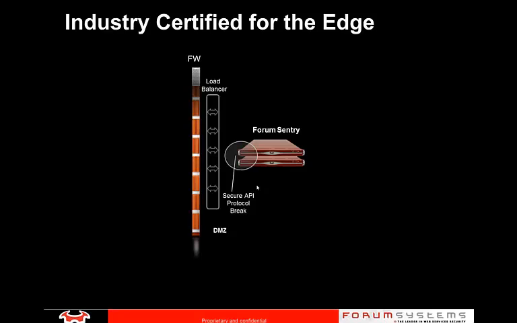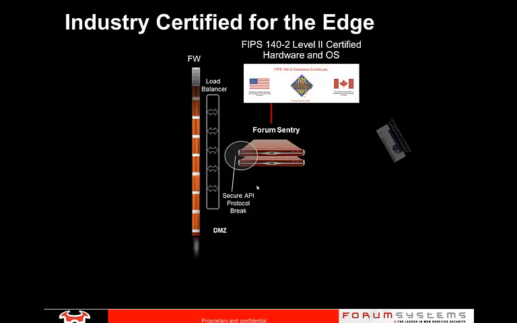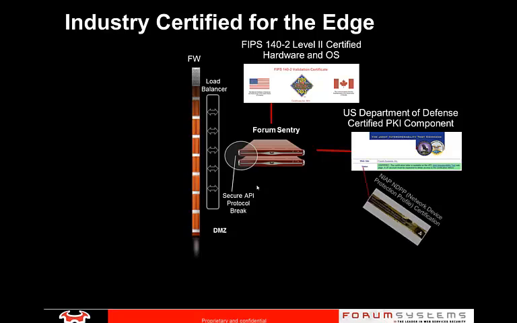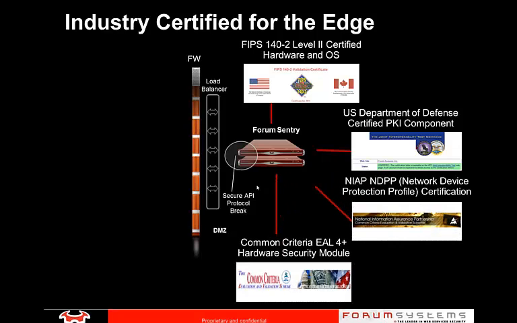But what we talk about in terms of edge caching, it's first important to know and understand how technology can be deployed at the edge in order to facilitate that caching. And the first and foremost primary aspect is that technology must be certified and industry hardened itself.